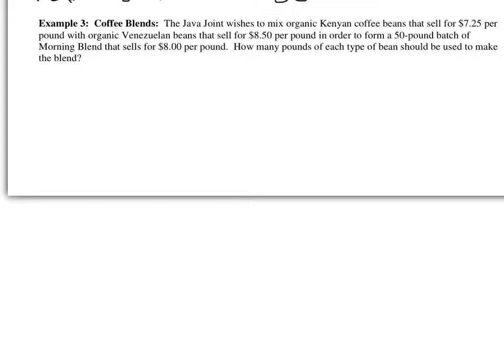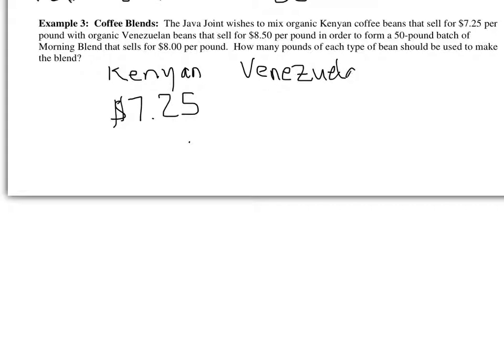A lot of information. Let's make a table. We want to mix the Kenyan. It sells for $7.25 per pound with the Venezuelan. And it sells for $8.50 per pound.